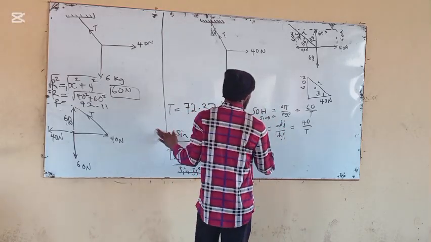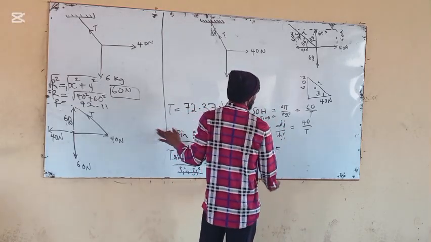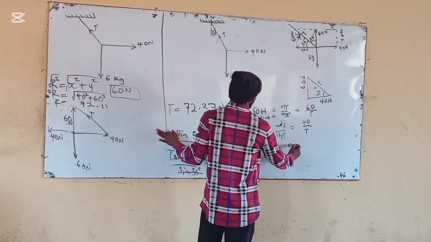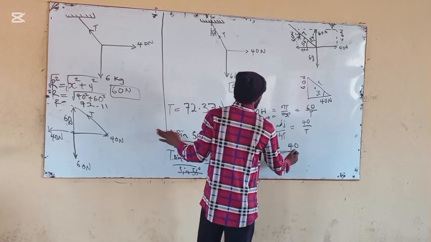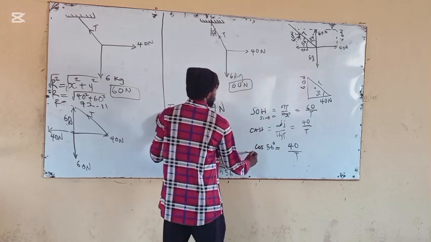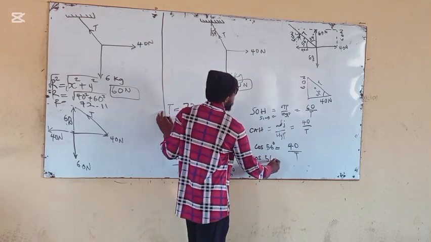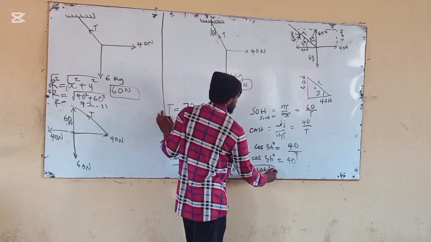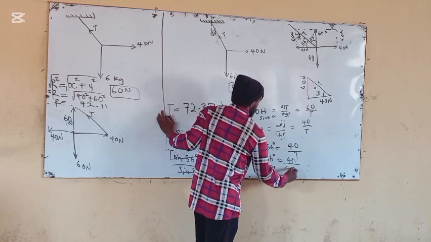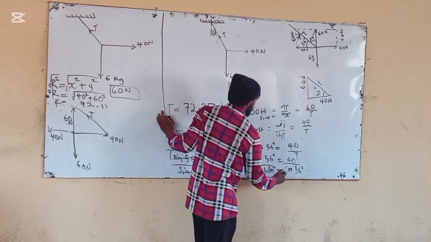So cos theta equals cos, and theta here is 56, all over T. So T cos 56 degrees equals 40. Divide both sides by cos 56 degrees. Let's see what we have.